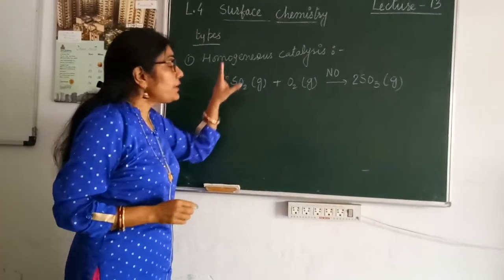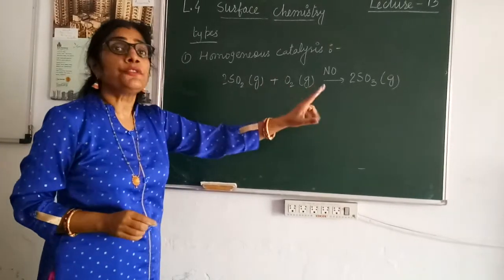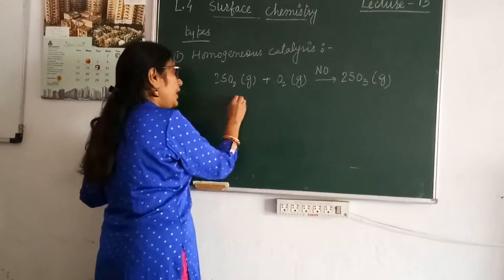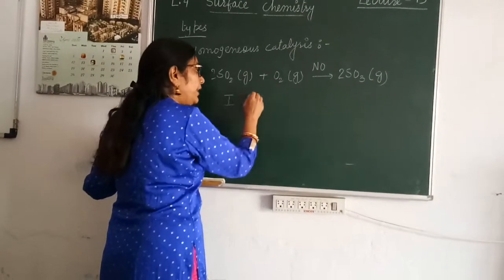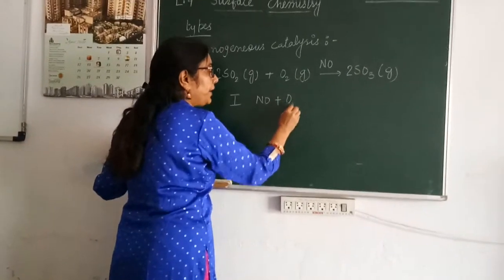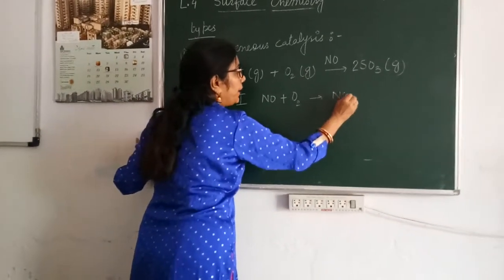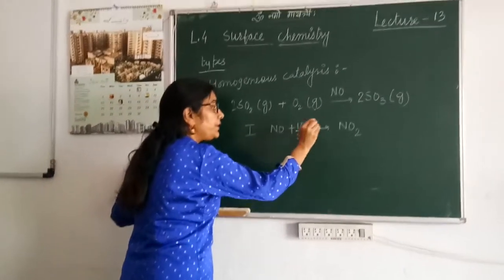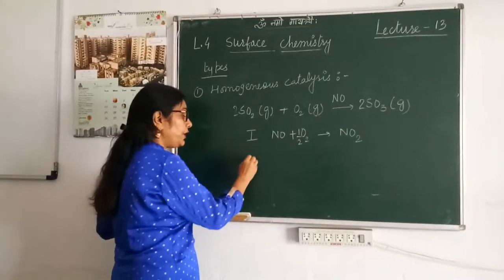Okay, what is the mechanism of this homogeneous catalysis? In this case, in step 1, the catalyst combines with one of the reactants to form an intermediate. Suppose NO2. This is the intermediate which is formed over here.